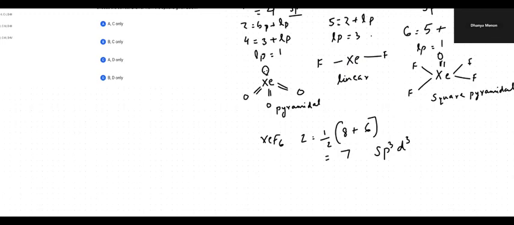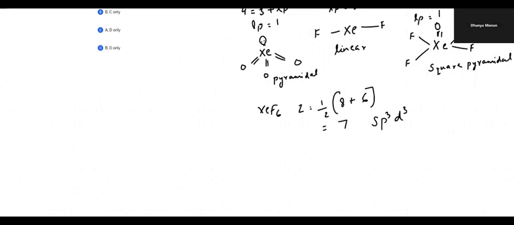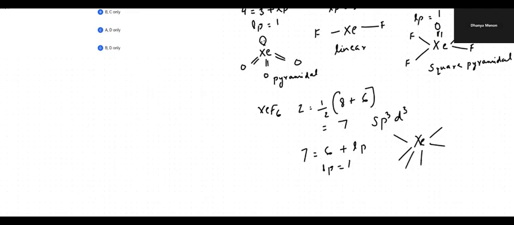And this is actually an octahedral shape, but let's check the lone pairs. So 7 is equal to how many bonds are being formed? 6 bonds are formed plus lone pair. So lone pair is there. That will make it octahedral. Fluorine, fluorine, fluorine, fluorine. It has an octahedral shape, but because of this lone pair, it is distorted octahedral.